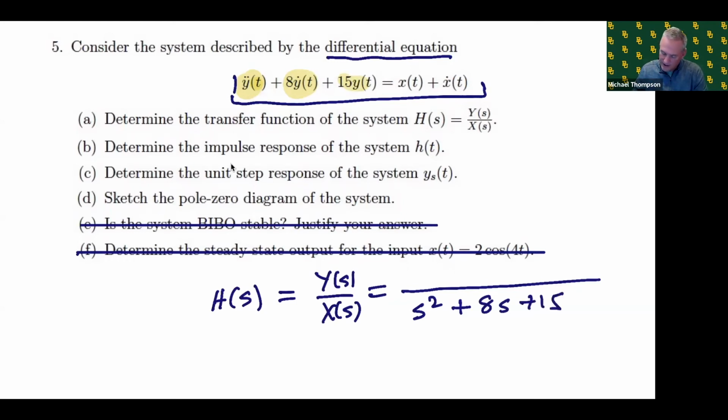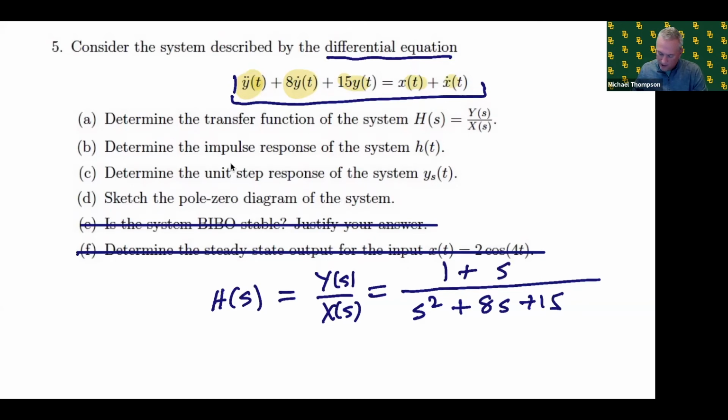All right, and then on the top, I have x, so that would just be a 1, and then x dot, which would be s.